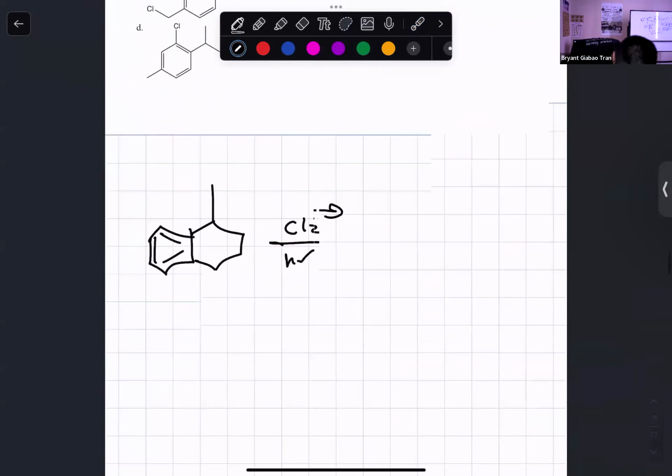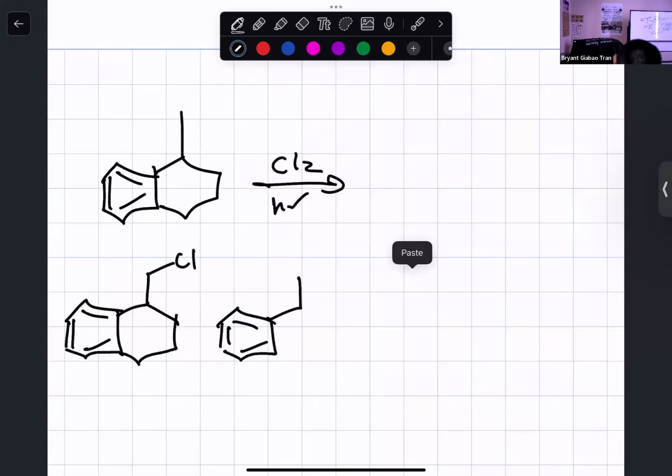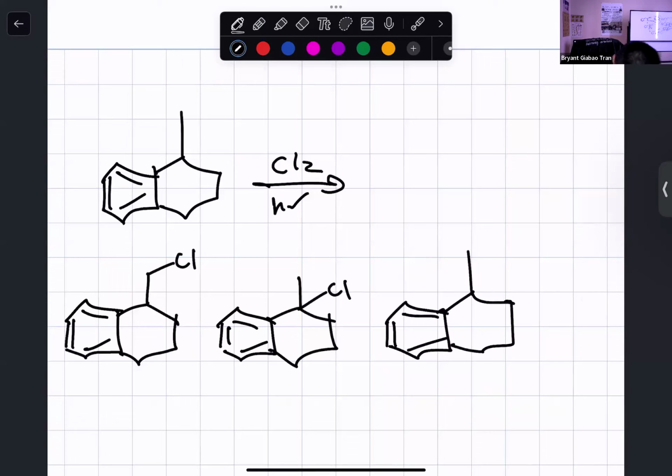Chlorine, light. Our unique products are going to be this. It's not going to react with sp2 carbons. It's only going to react with sp3 carbons. So these are going to be our unique products here.